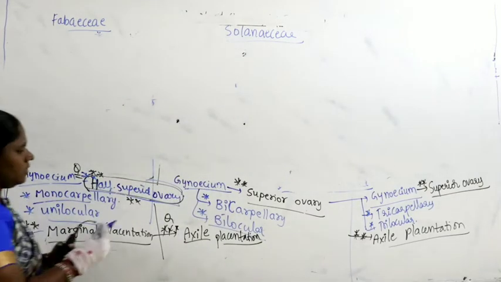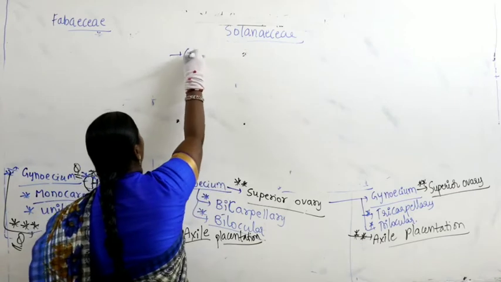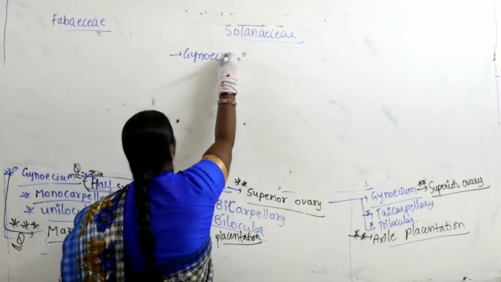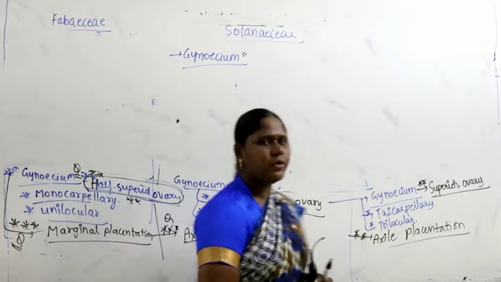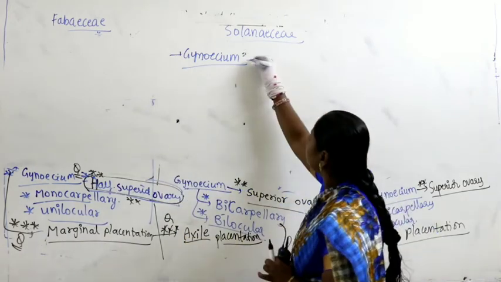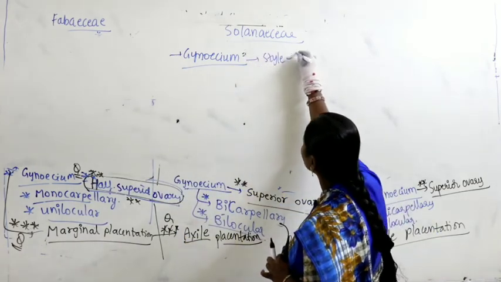If you take Solanaceae, we still continue with the gynoecium. Here in Solanaceae, generally the style is terminal.